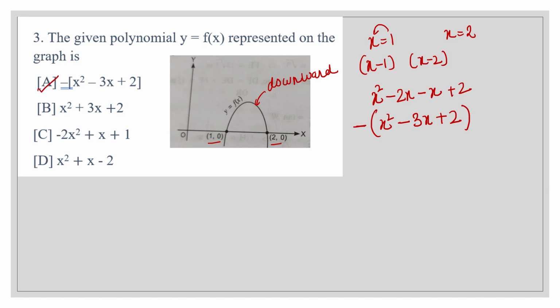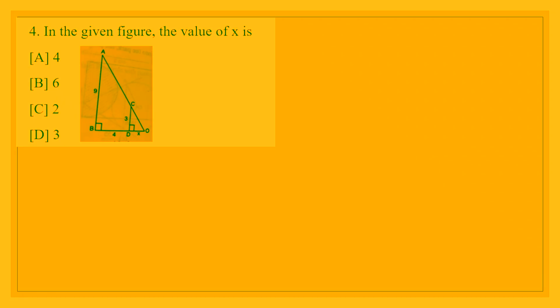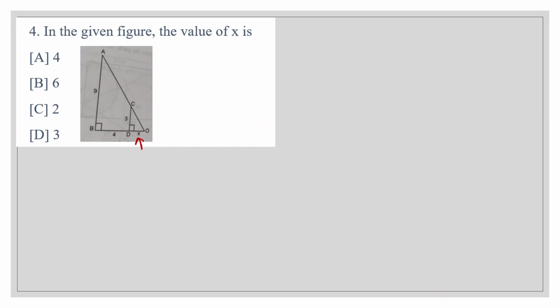A is the answer. Question 4. In the given figure, find the value of x. You need to find this x. If you observe this triangle carefully, both triangle COD and the bigger triangle AOB are similar. How?